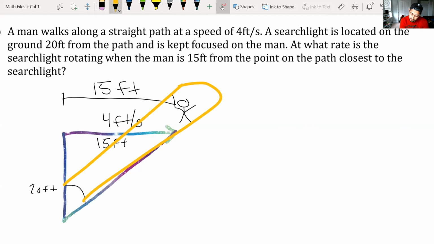Well, just the second part of the problem. What rate is this searchlight rotating at when the man is 15 feet? So if our searchlight is rotating, this means we're looking for the rate of change in an angle, right? We're looking for the rate of change of an angle. If we're rotating, then it rotates at a certain angle, right? And that angle has a rate of change if it moves back and forth.